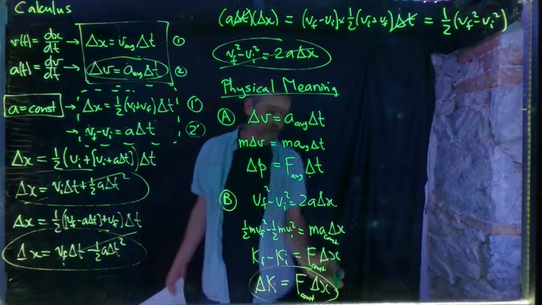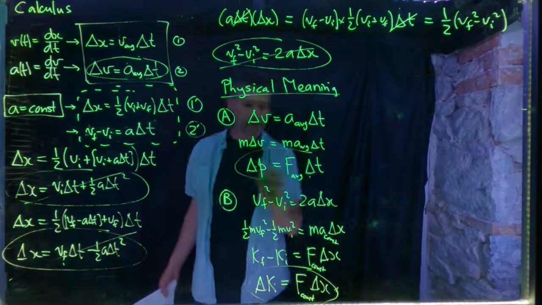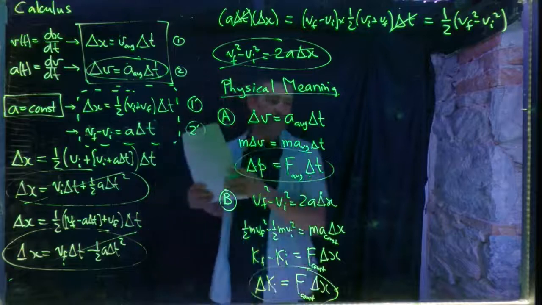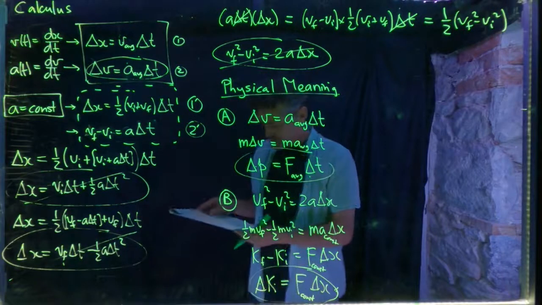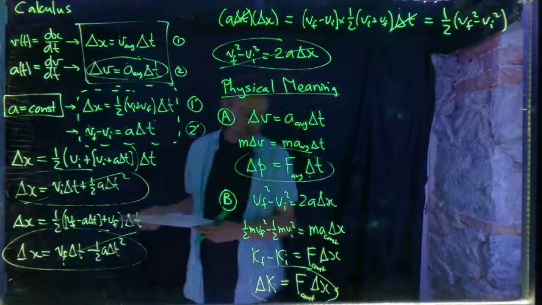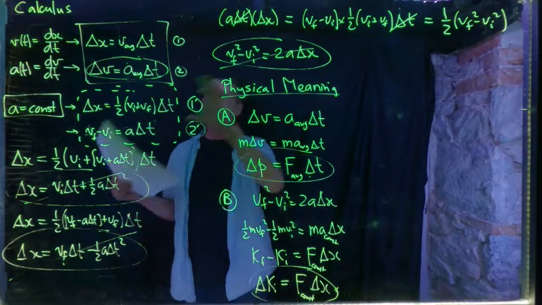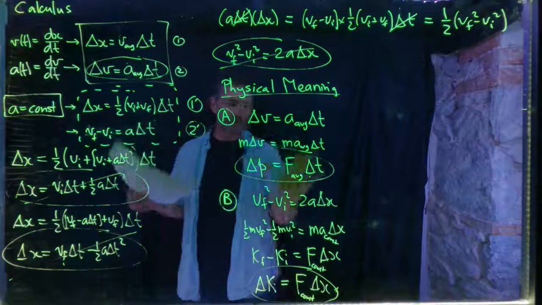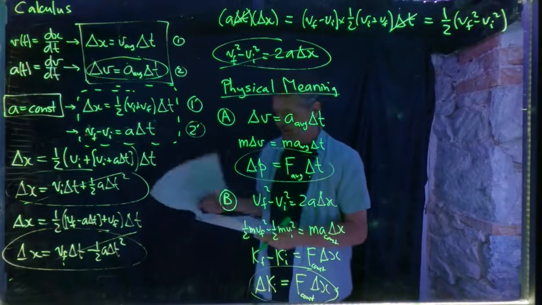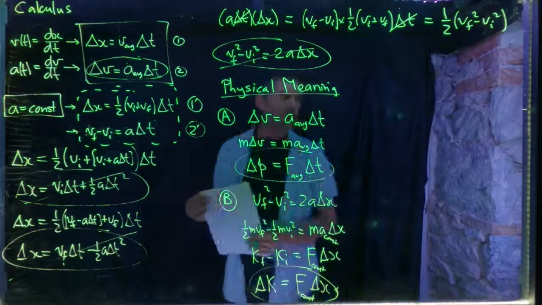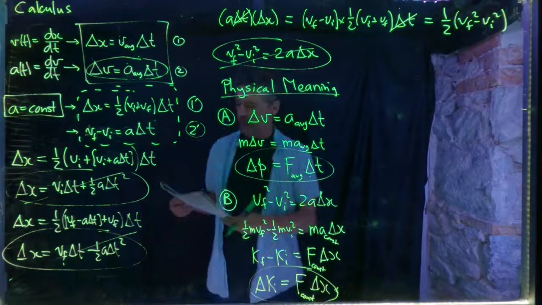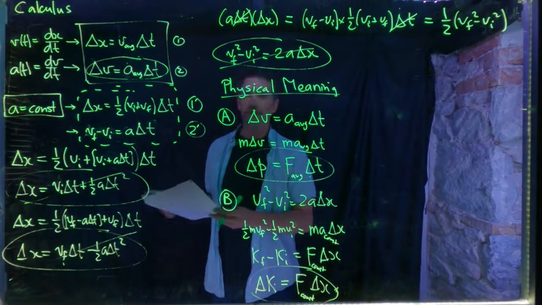This is the work kinetic energy theorem. Okay, and this one here, as we said, is the impulse change in momentum theorem. So that's good. It's useful to understand these kinematical formulas in terms of other relationships that you learn about. Okay, very good. So I think we're going to go through a couple of examples.